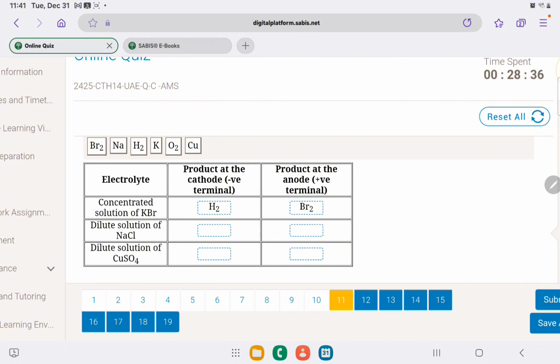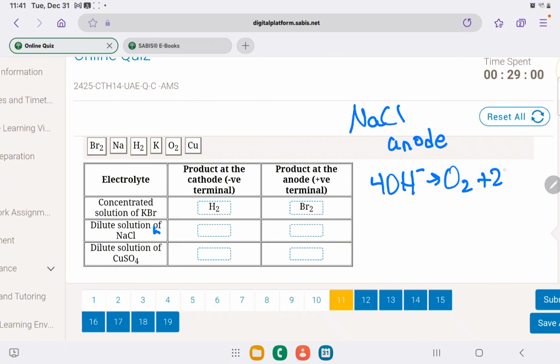And then dilute solution of NaCl. At the anode, is the anode made of Cu or Ag? No. And is it made of concentrated I, Br, or Cl? No, they didn't say it's concentrated. So the equation is 4OH minus to give oxygen plus 2H2O and 4 electrons.